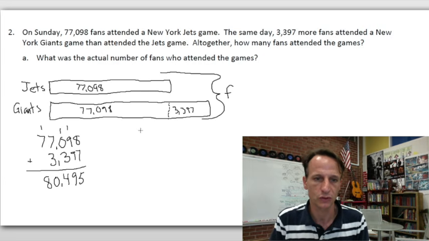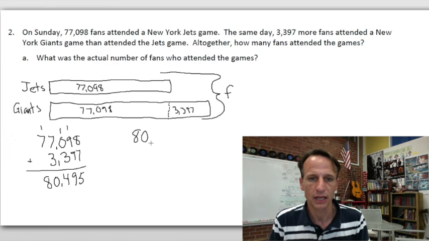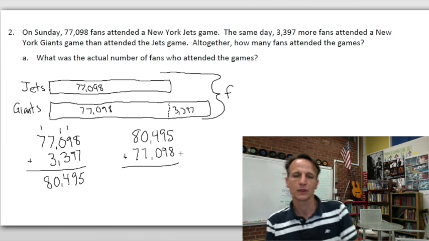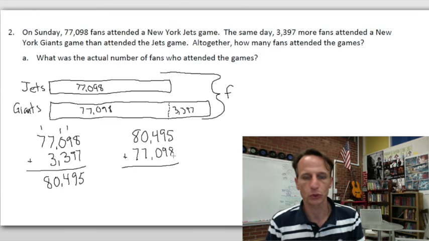So that's just the Giants now, so we have to put the Giants together with the Jets to get a grand total. So, Giants are 80,495, and we're adding to that the Jets, 77,098. Adding those together, we'll see what they equal for the grand total for both games. So 5 and 8 are, that's right, 13.